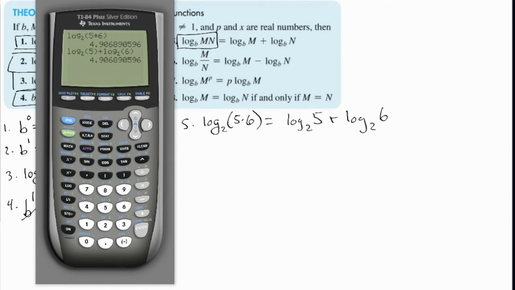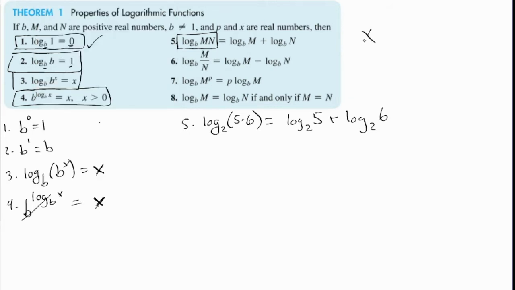And this is because logs are exponents. And what do you do when you have two expressions multiplied together with the same base? You add their exponents. And that's the link between the log property and the exponential property. And what did we do with exponents when we divided them? Well, we subtract those exponents.